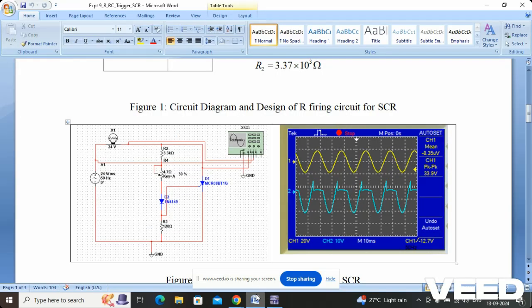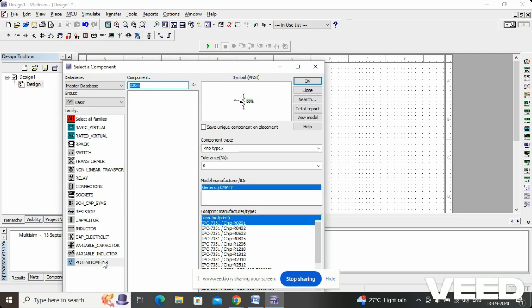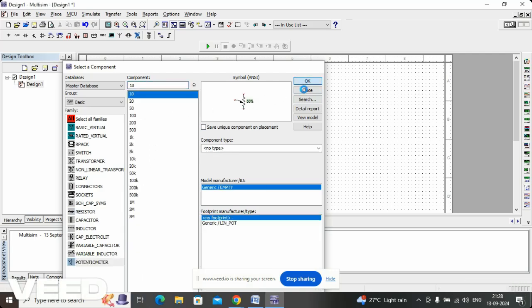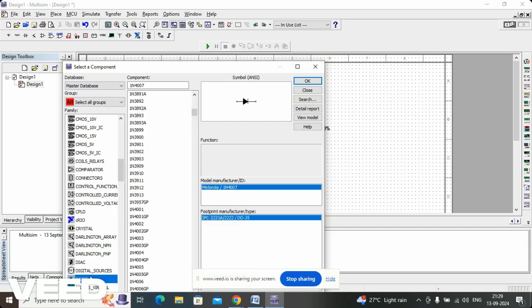The next circuit has three resistors, or two resistors basically. I choose any of the resistors over here, two resistors, and the third one is a variable resistor. Here you can get a potentiometer, and there will be a diode. Select all groups, and we have a diode.